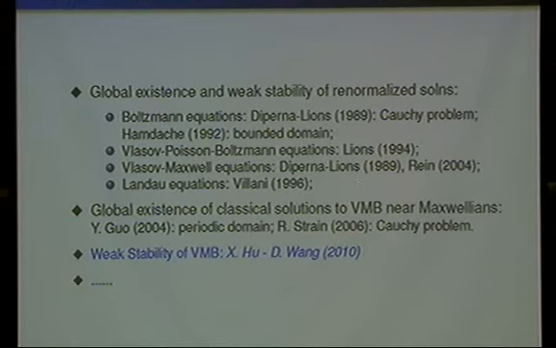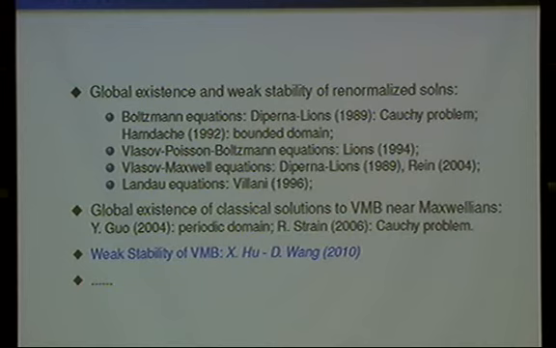Both the existence and the weak stability were open. If we look at that paper, they always put it there as an open problem. Here we solve the weak stability, but the global existence is still open. We tried, but we couldn't really find a good approximation to get the estimates we want to pass the limit.